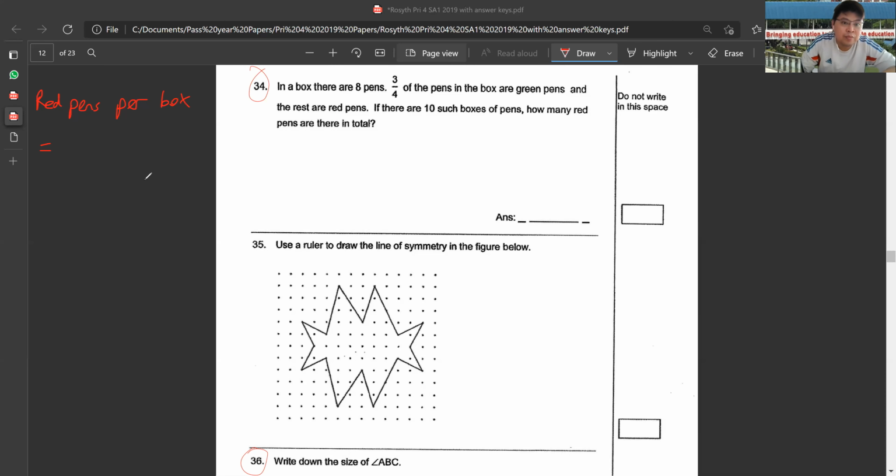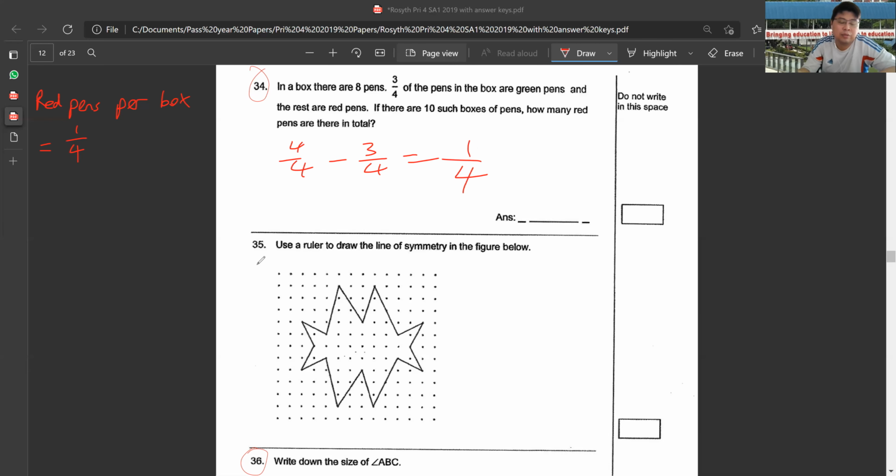What must you do? 8 pens is the total number of pens. 3/4 of these 8 pens are green. So what's the fraction that's red? 1 over 4 to be exact, because 4 over 4 minus 3 over 4 is 1 over 4.